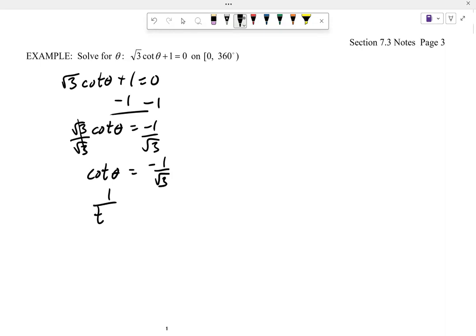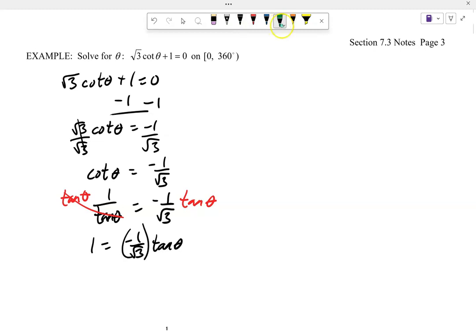In other words, 1 over the tangent is negative 1 over root 3. Let's get the tangent on the top. So we've got 1 equals negative 1 over root 3 tangent theta. Let's multiply both sides by negative root 3 over 1, that reciprocal. And so we get the tangent of theta equals negative root 3.